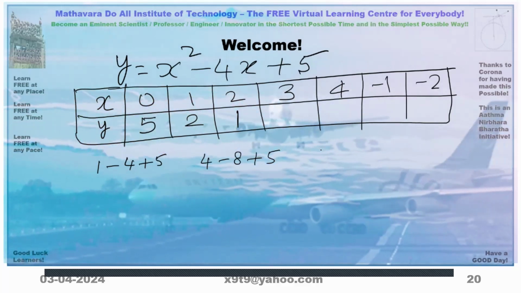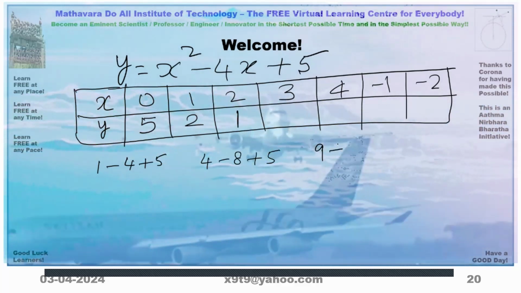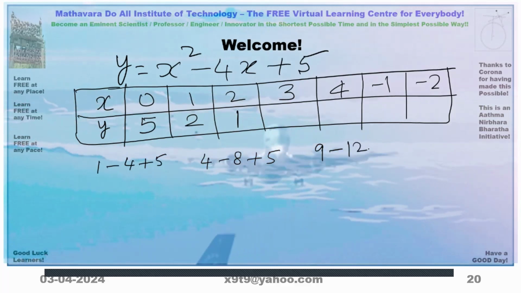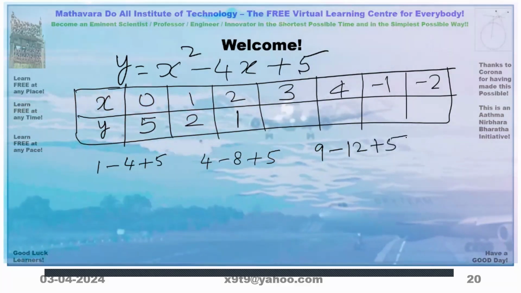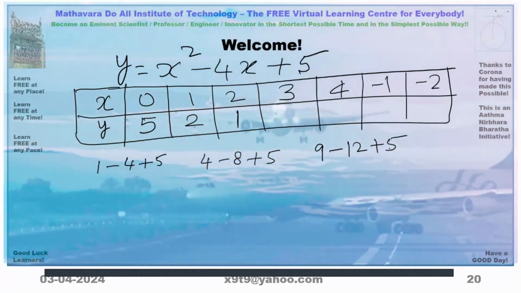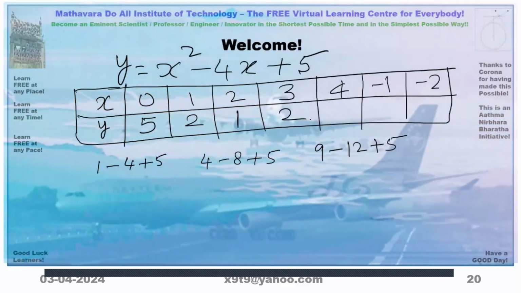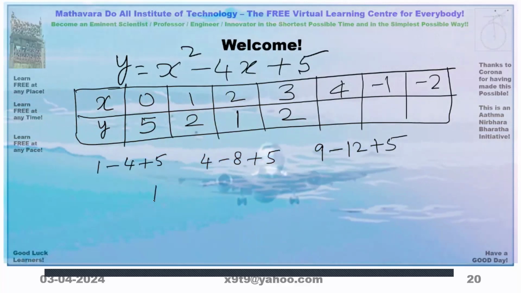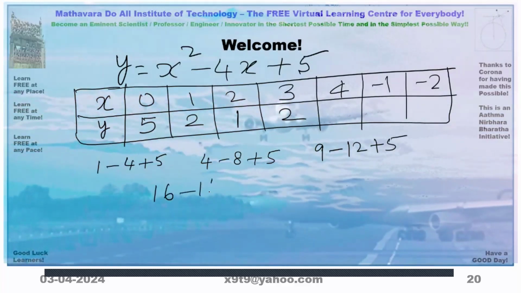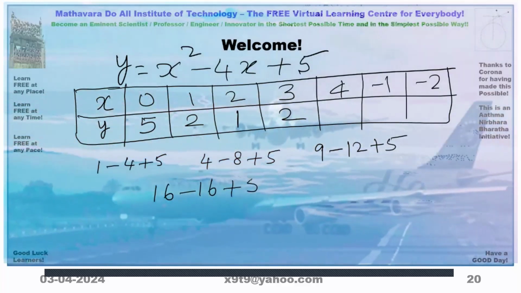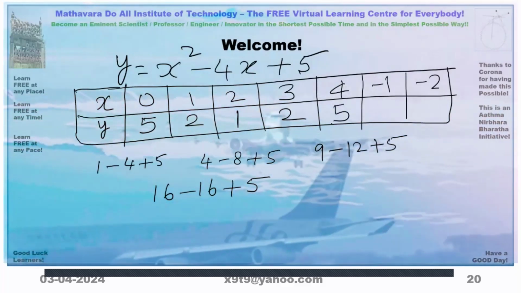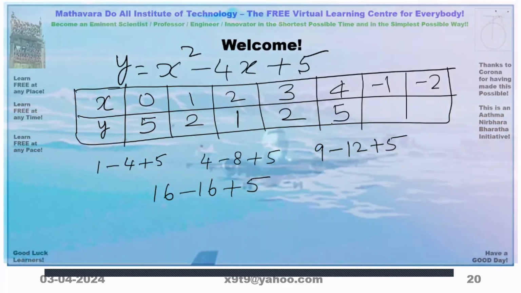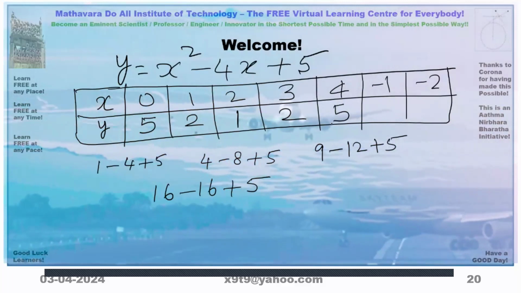If you write 3, it is 9 minus 12 plus 5. So 9 plus 5, 14, minus 12 is 2. Now we put 4, it is 16 minus 16 plus 5. So that will be 5. You're able to follow?